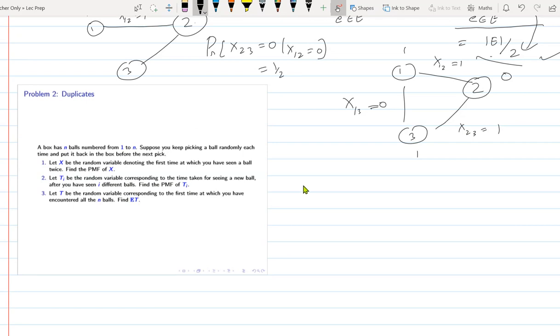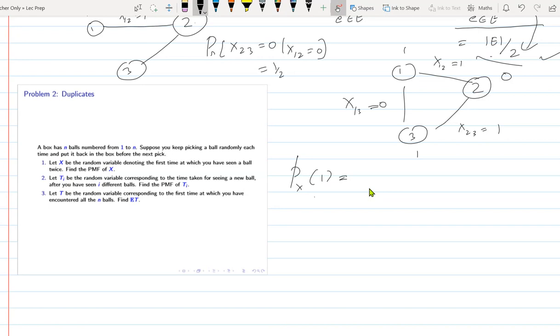What is the probability that X equals 1, for example? 0 or 1 by 2? Come on, in one pick you cannot see a duplicate. In one pick you can only see one thing.